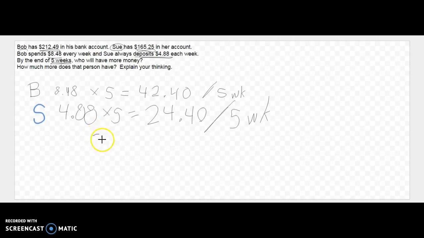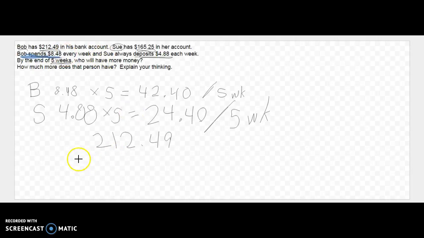All right, so Bob had $212.49, and it says that, where's the information? He spends, see up here, he spends $8.48 every week.